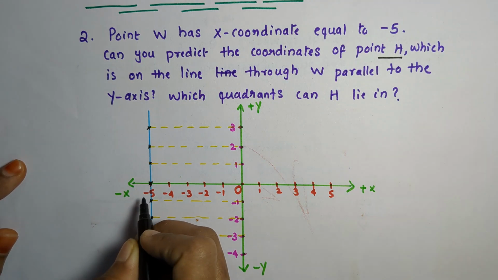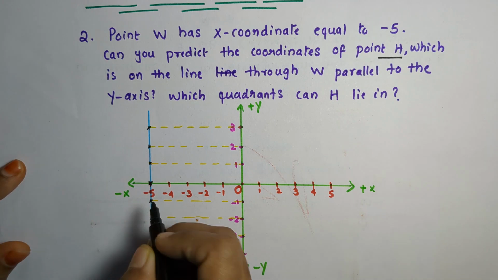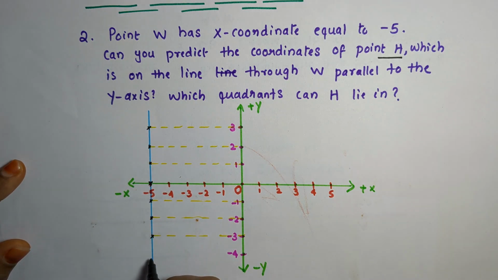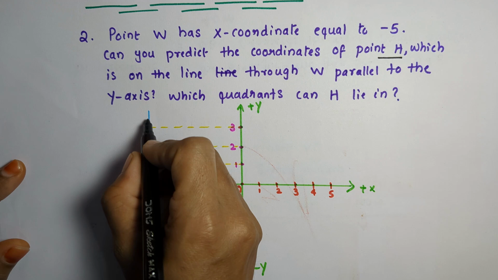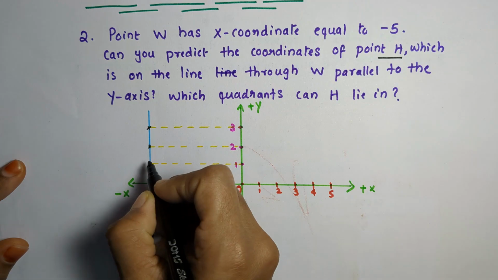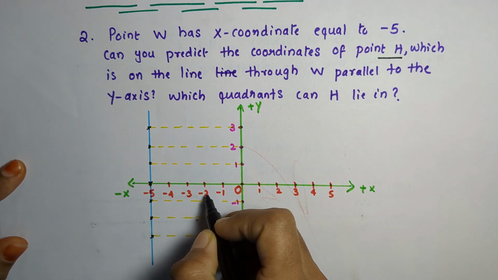Now H lies on the line through W. That line is passing through W and parallel to the y-axis. So the line which is passing through all these points and parallel to the y-axis is this blue line. So H can be here, H can be here, H can be here, right?